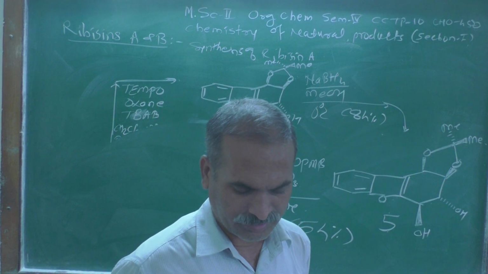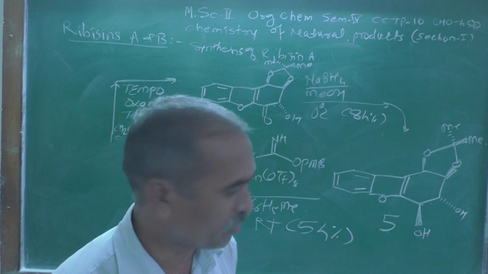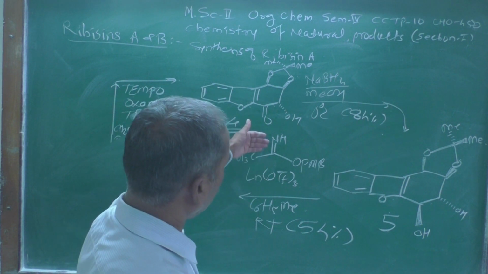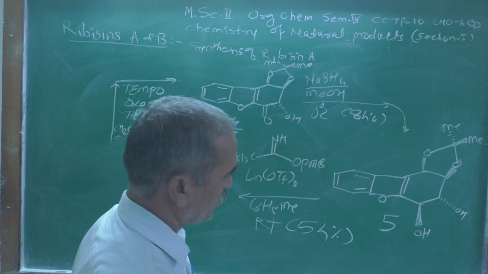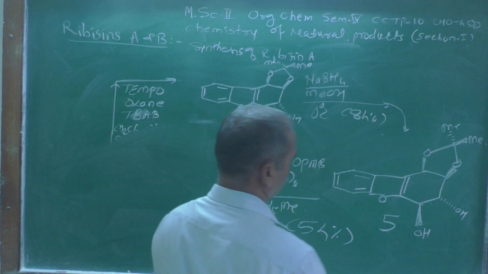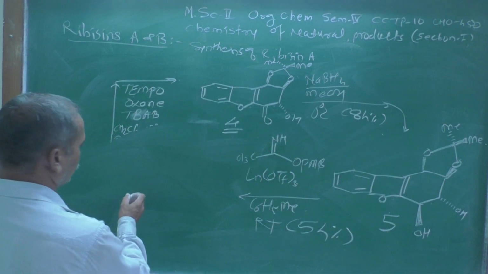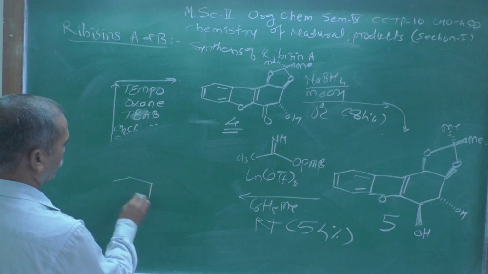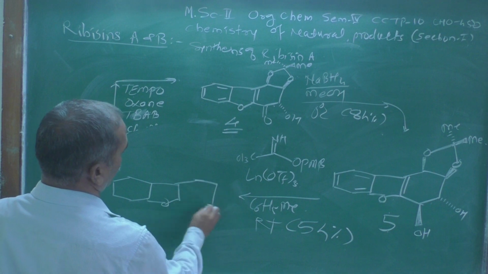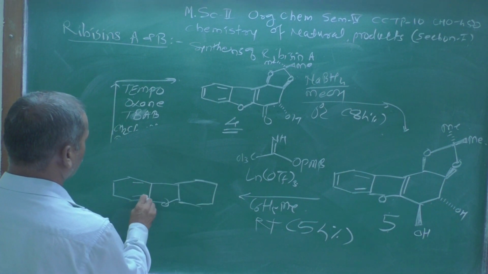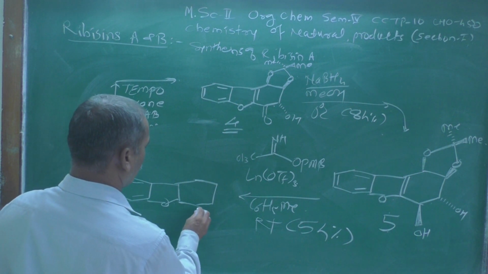And after adding all these reagents, what do you get? This reagent, as we know, is the reagent used for the protection of a hydroxyl group. So suitably they get protected and we will get the product like this. This is the compound which I am writing over here. This part of the molecule remains as it is.